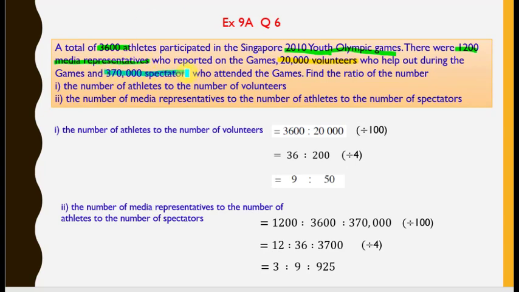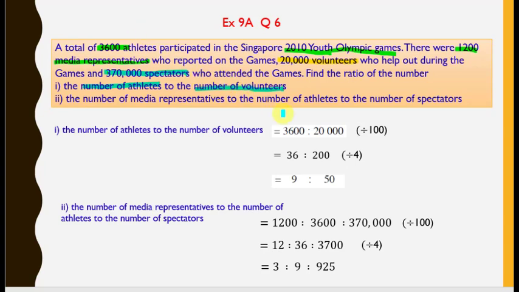These are the number of spectators who attended the games. Find the ratio of the number of athletes to the number of volunteers. This is what we have to find over here.